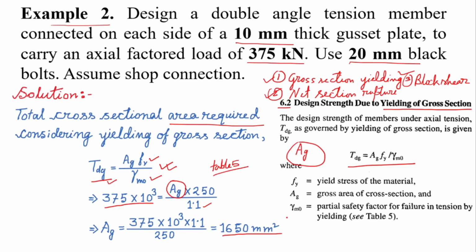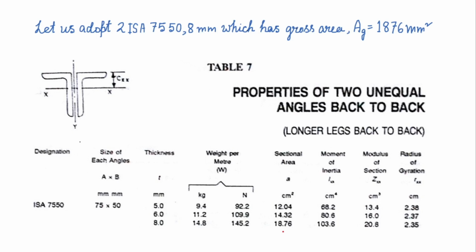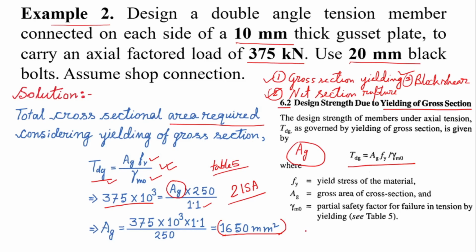Now the next step is to choose a pair of angles, meaning 2 Indian standard angles, so that combining those 2 angles, their cross-sectional area is higher than this value. If you see our steel tables, we may find a number of pairs of angles which have area more than 1650 mm square.